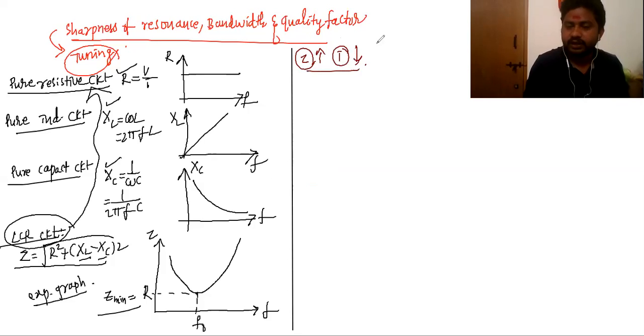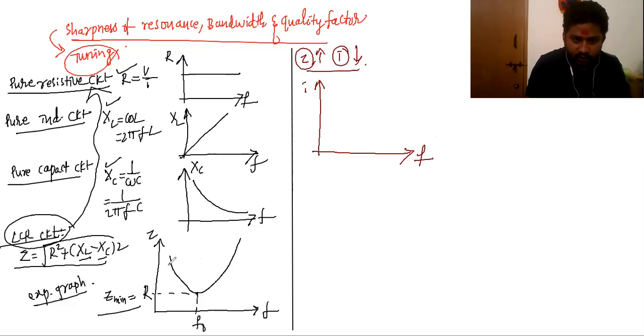Simple, right? Impedance is more, current will be less. So here, the same graph for the current. Look at here, this is I and this is frequency. You can see these are the frequencies lesser than F naught, and these frequencies are greater than F naught. So exactly reverse. When Z is minimum, current will be maximum here.